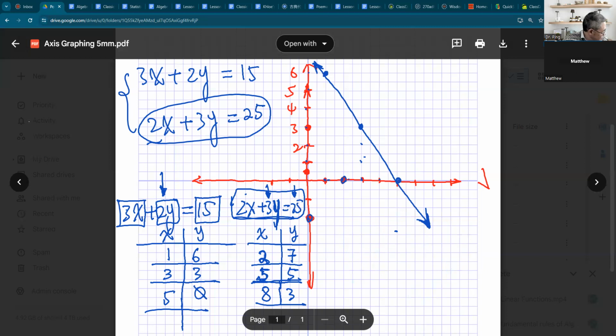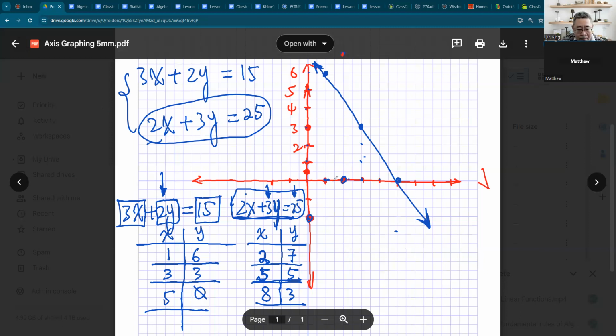Yeah. Yep. So now we can see this one, 2, 7, where's that? 1, 2, 7. We got 6 here. 7 has to go up one more, so somewhere there, outside.